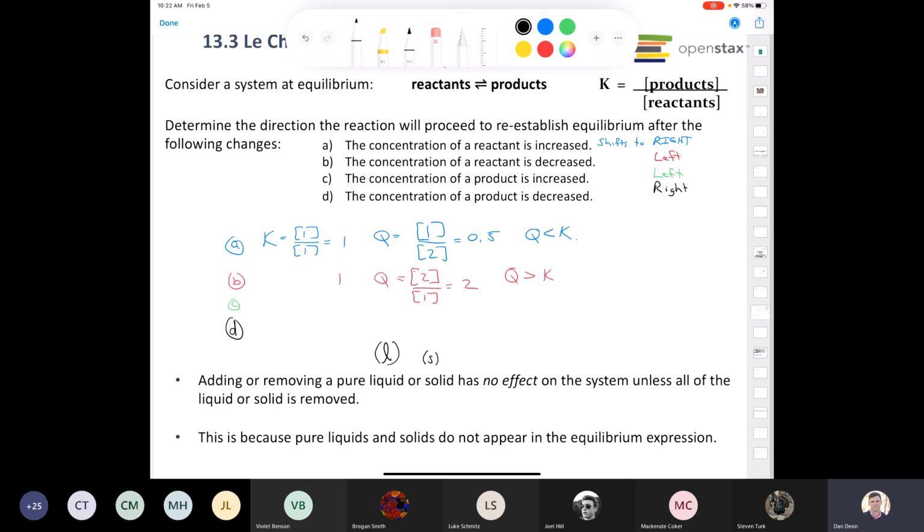I would say that there's an exception to this rule, kind of, and that would be if you were to remove all, let's say you had a solid in some kind of reaction. If you removed all of the solid, or all the liquid, there's a slight exception here, and we'll look at an example that involves that. Anyhow, this is because pure liquids and pure solids do not appear in the equilibrium expression. All right, let's move on from there.